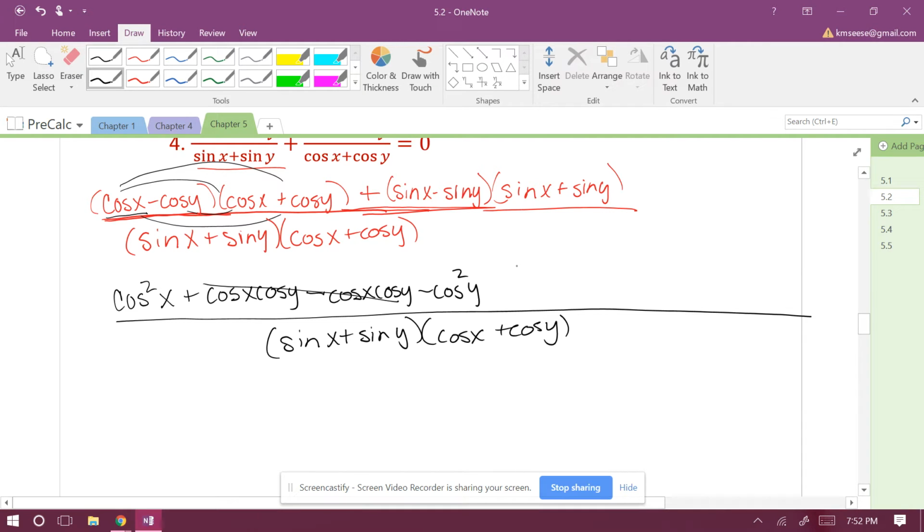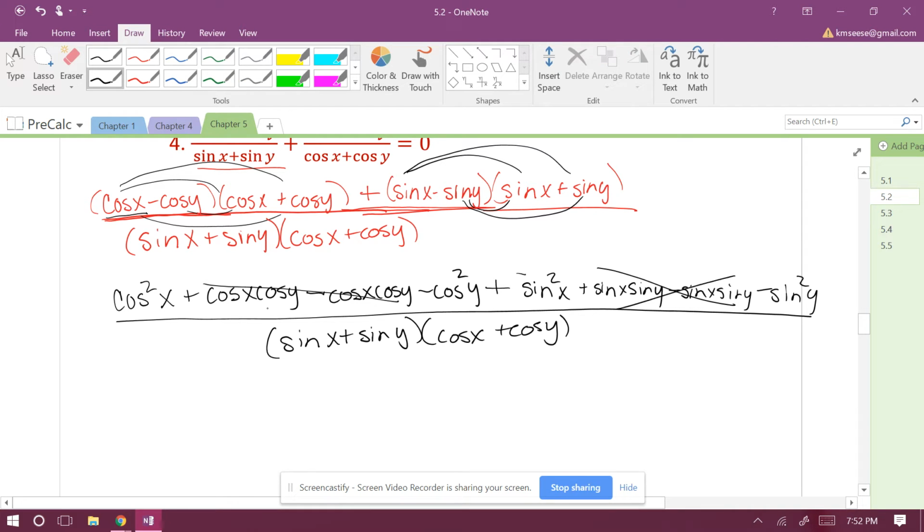But that's just my cosine. I also have to FOIL my right side out. So I'm going to have sine squared of x. Outside is going to be plus sine of x sine of y. Inside is minus sine of x sine of y. And then last is going to give me minus sine squared of y. Once again, these middle two terms cancel out.